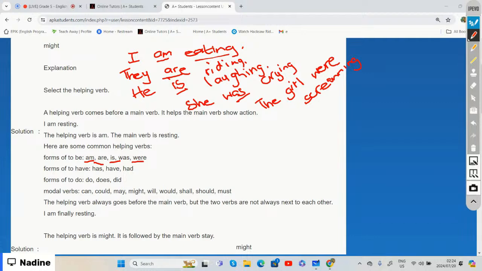And these words, as you can see, the words that have been underlined, these are our helping verbs, and they basically assist our main verbs to show the action that is taking place. Like the first one, I am eating.